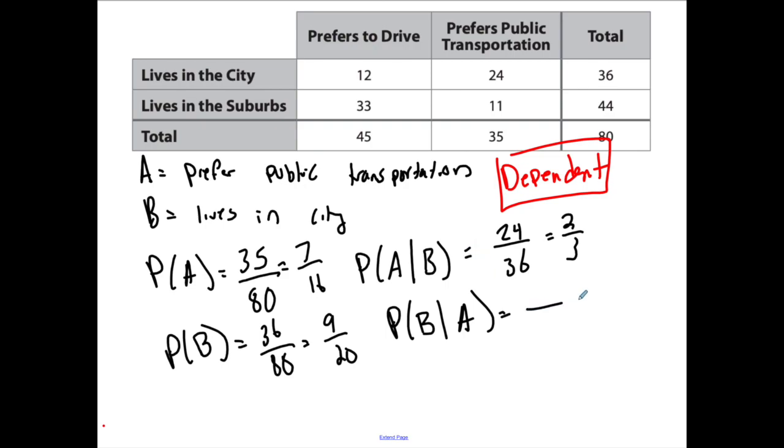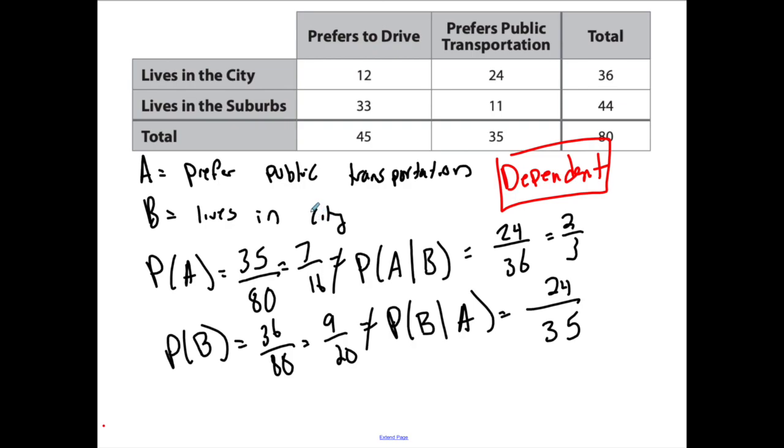So how many people prefer public transportation? 35 do. Of those, 24 live in the city. This is actually not even reducible. So we can also see that these are not the same either. So neither of these are the same. These events are dependent on one another.